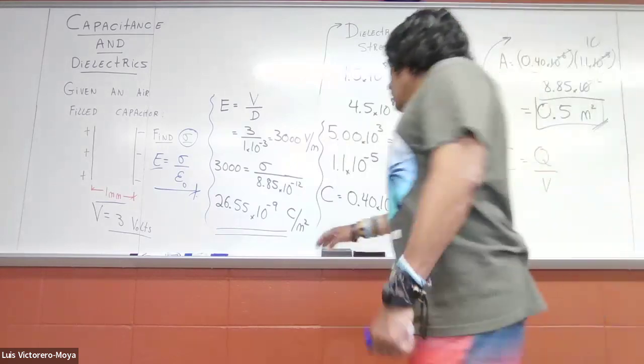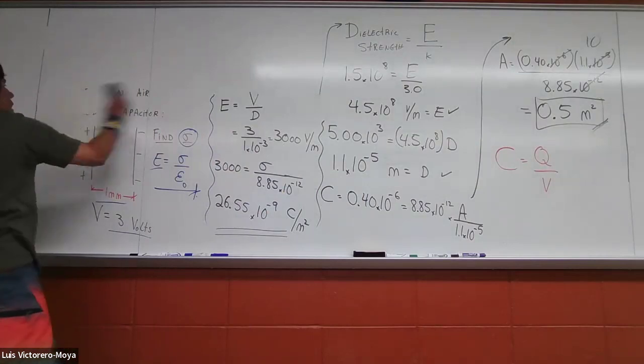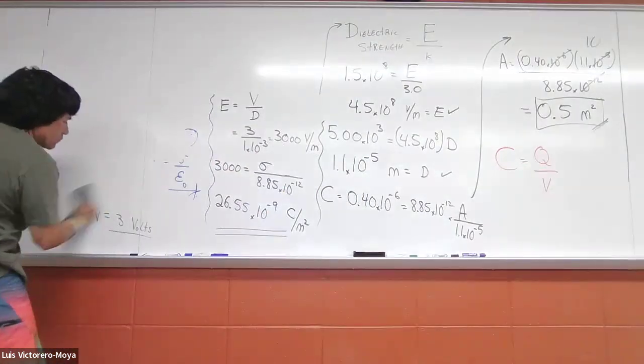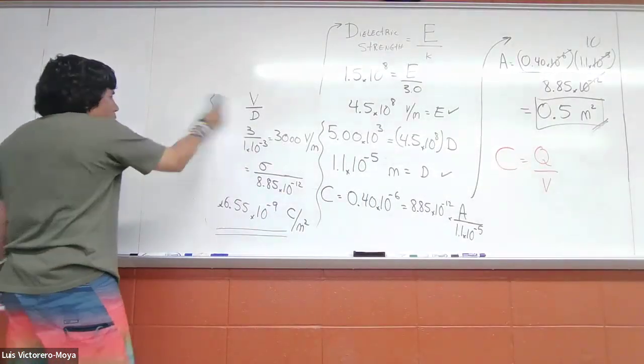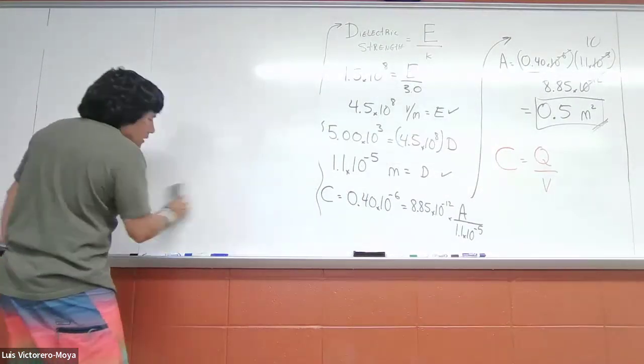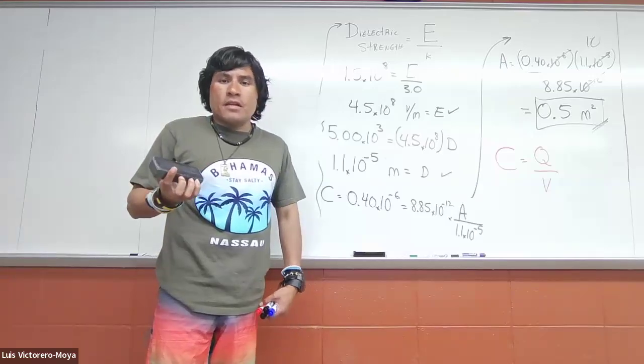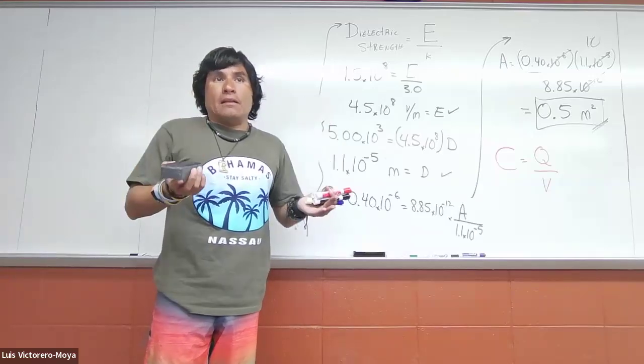All right. So how do we arrange capacitors in a circuit? So circuits, simple circuits, can be divided in two types of circuits. You may have them in series or you may have them in parallel.